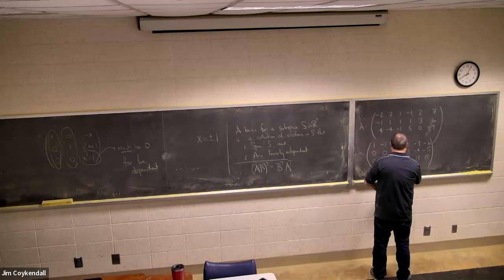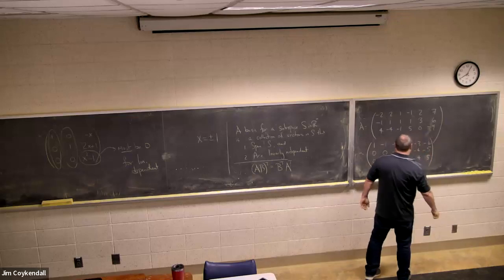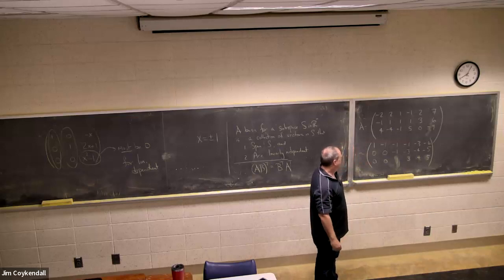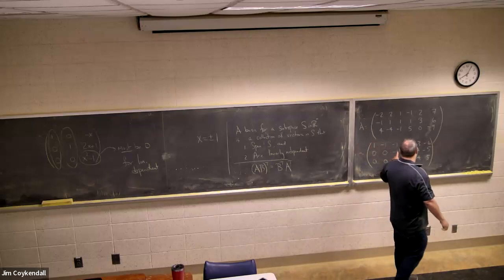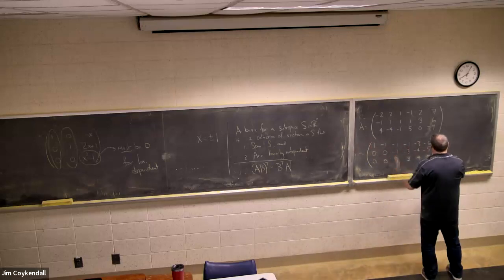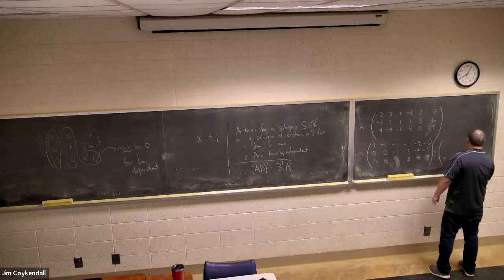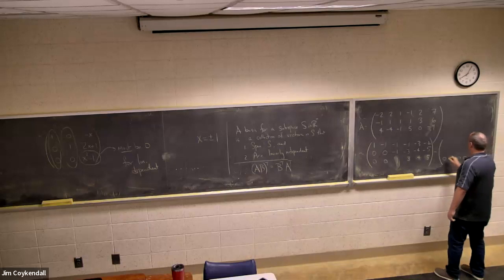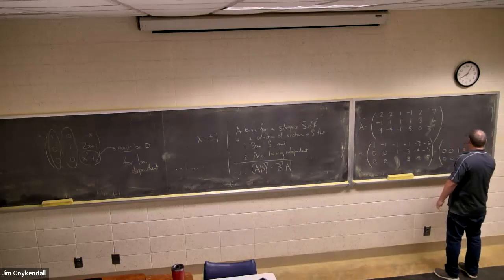So this is going to be 1, 3, 4, 5. Oh, wow. I'm going to change the sign of this: 0, 0, 1, 3, 4, 5.